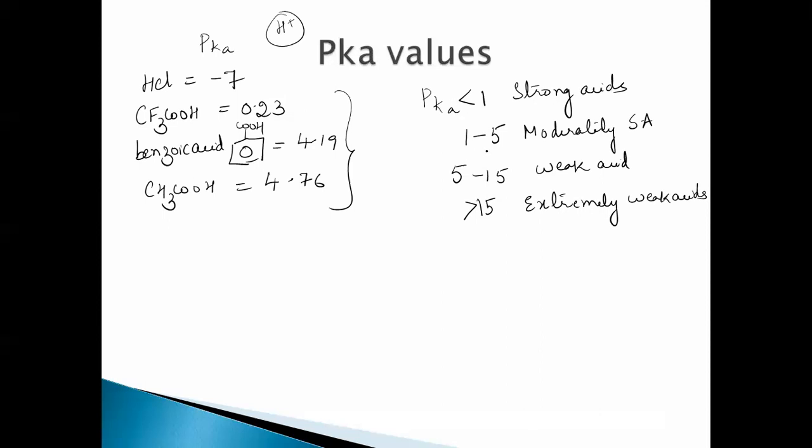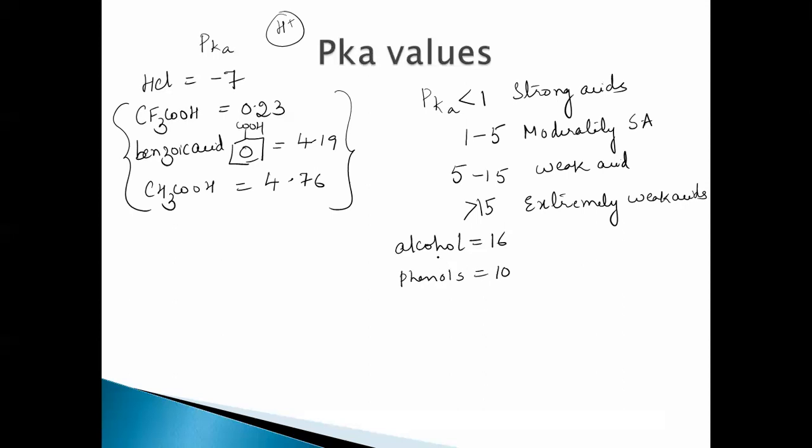If it is in the range of 1 to 5, for example carboxylic acids, they are moderately strong acids, meaning carboxylic acids with higher pKa are weaker acids than mineral acids. In the range of 5 to 15 are weak acids, and more than 15 are extremely weak acids. For example, alcohol has a pKa value of 16, and phenol has 10.